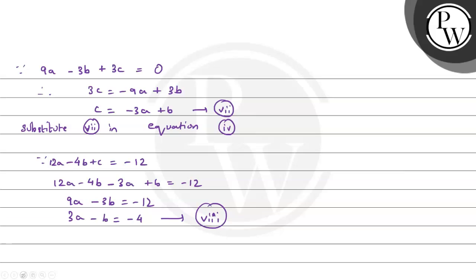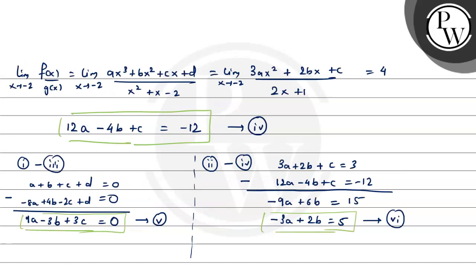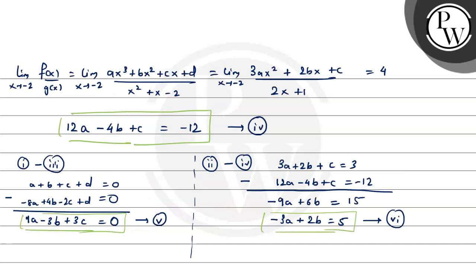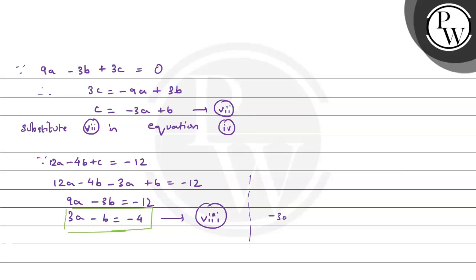Now what we need to do is simultaneously solve equation 8 and equation 6. Let's write equation 6 as well. So equation 6 is minus 3a plus 2b equals 5. Now we will simultaneously solve both of these equations by adding equations 6 and 8.